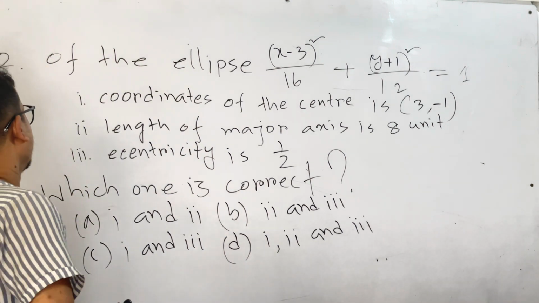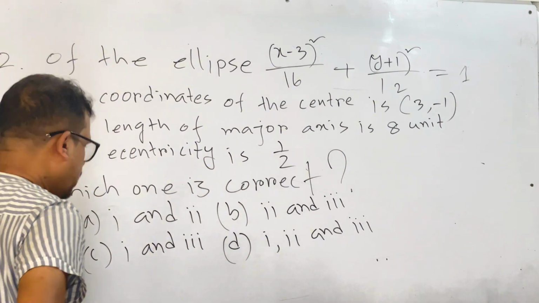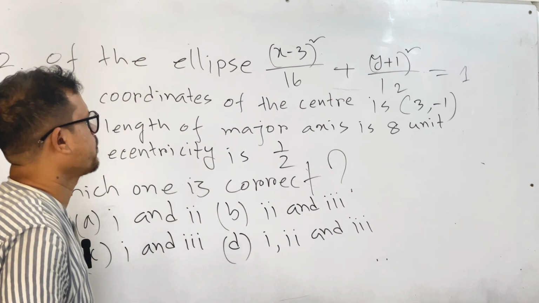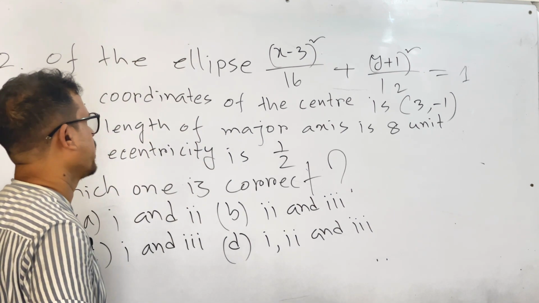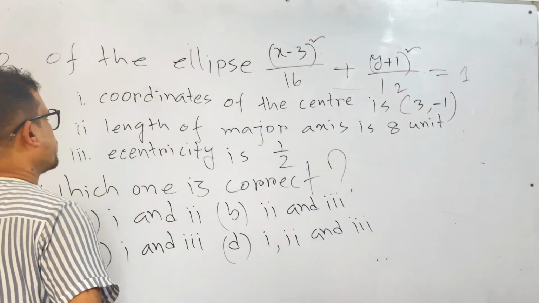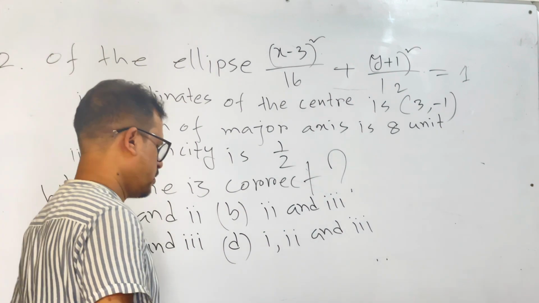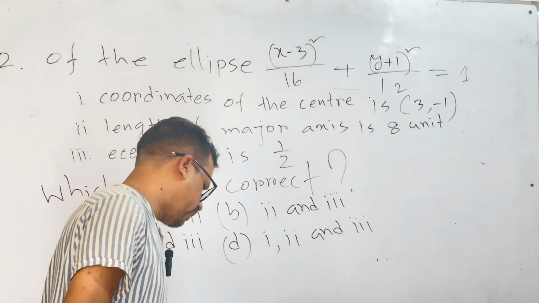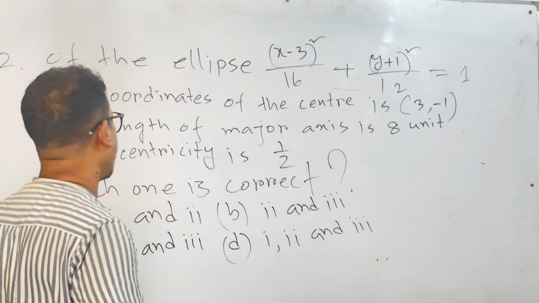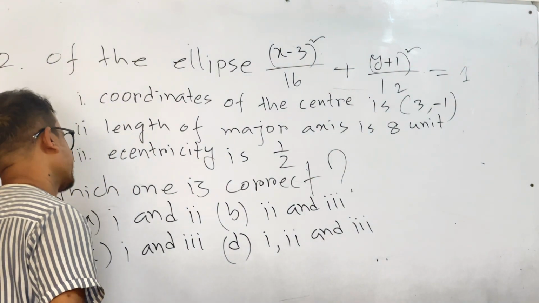Again, of the ellipse (x minus 3) square by 16 plus (y plus 1) square by 12 equal to 1, coordinates of the center is (3, minus 1). Length of major axis is 8 units. Eccentricity is half. Which one is correct?